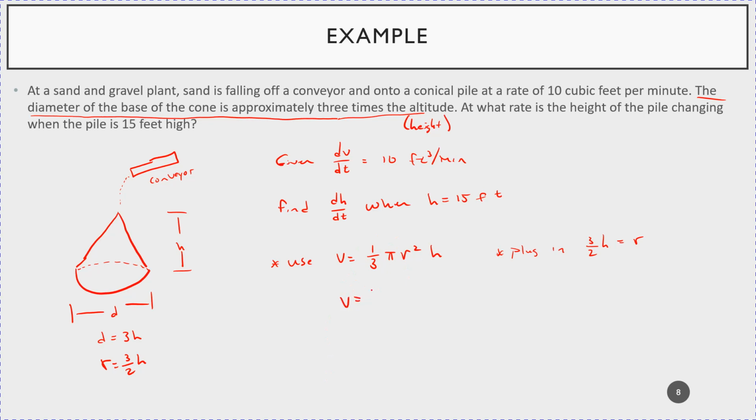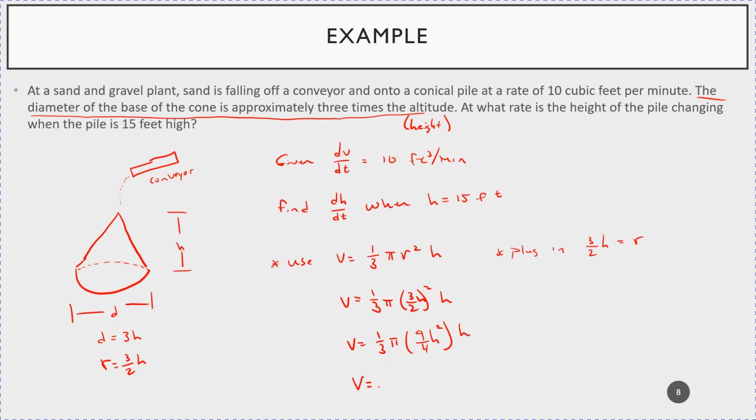So volume is equal to 1/3 pi, and now my R is 3/2 H, squared, times H. When I square this, it becomes 9/4 H squared, and then don't forget you have this H. The 3 will cancel with this 9, and this is because the diameter is 3 times the height.